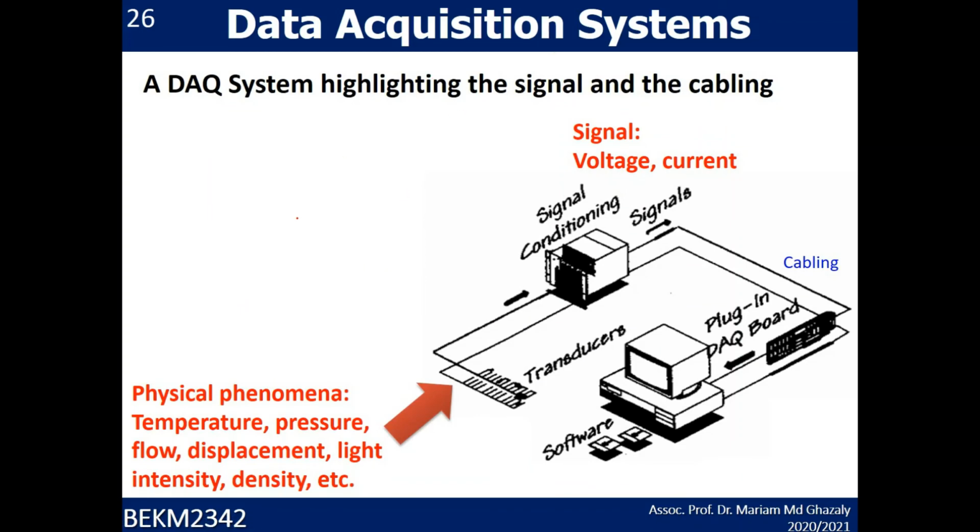Just a recap. We have seen this figure before. We have the physical phenomena here, and you can connect any transducer at the end here. First is the transducer. Second is the signal conditioning. The signal that may go here is either voltage or current.